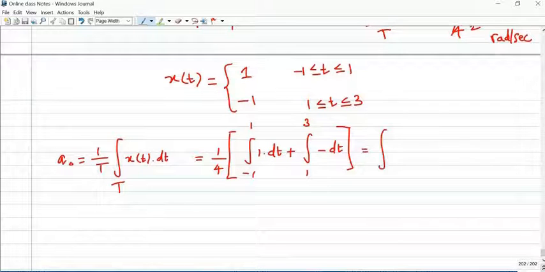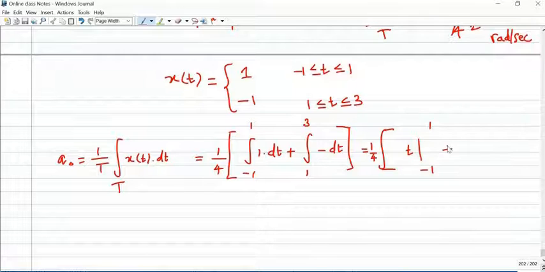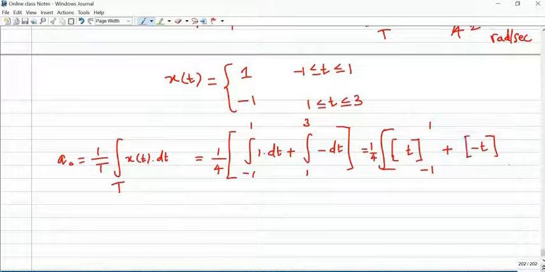Now solve this. 1 by 4 into t from minus 1 to 1, plus minus t from 1 to 3.